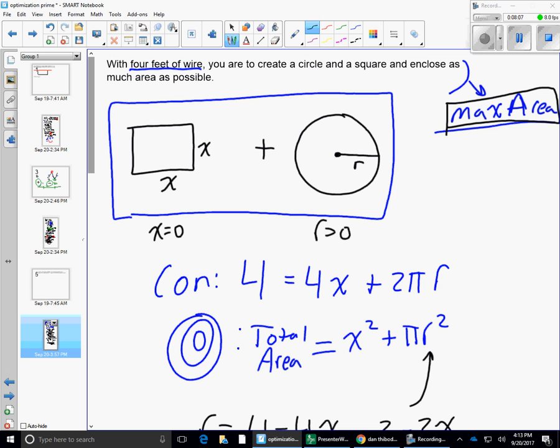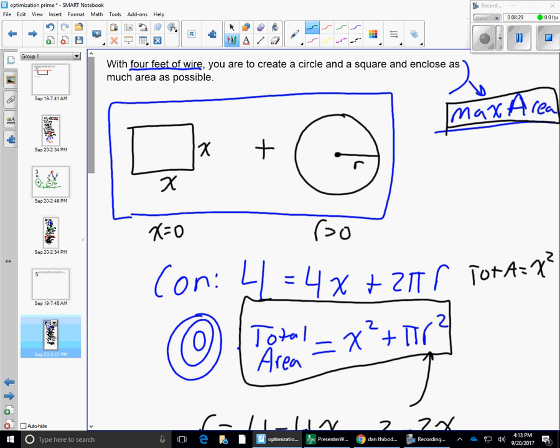So let's see how that would affect our constraint equation here. Excuse me, not our constraint equation, our target equation here. It would say, well, either our circle has 0 area, in which case our total area is equal to x squared, or our square would have 0 area, in which case our area total would be equal to pi r squared.